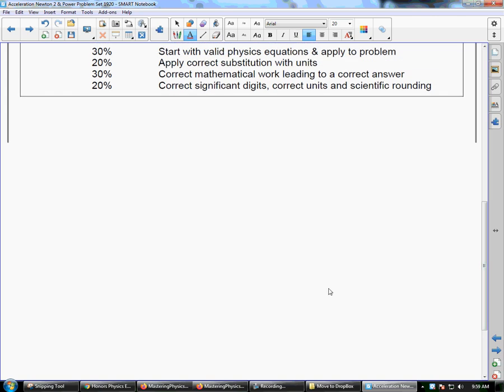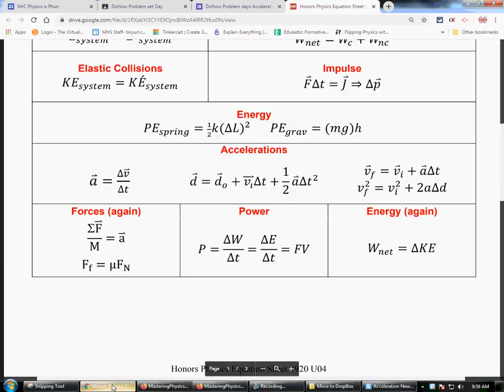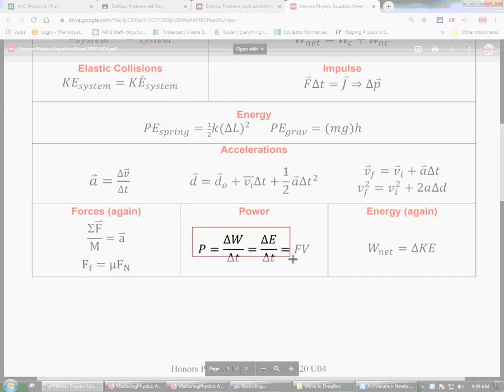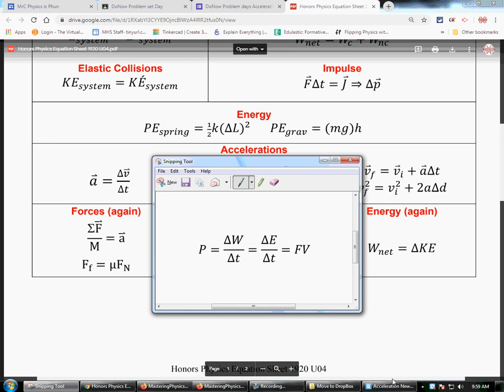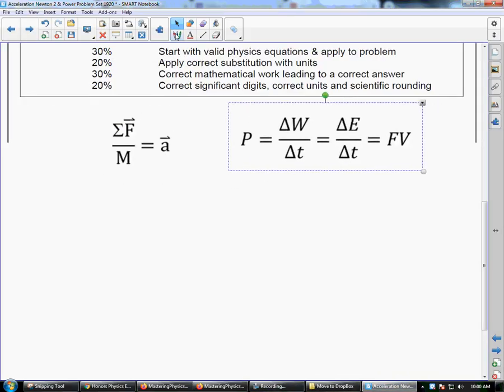So, I'm going to start off. I have that, and I'm also going to need my power equation. And in reality, I'm going to use that last form of it. So I'm going to forget about this part and forget about that part and use the force and the velocity.